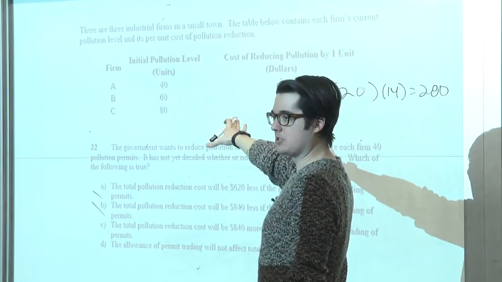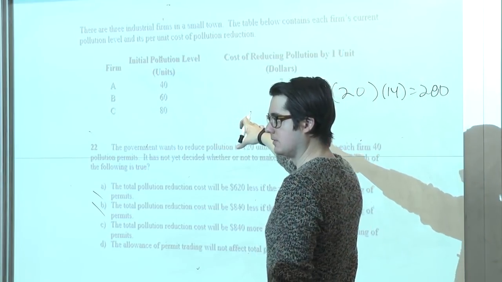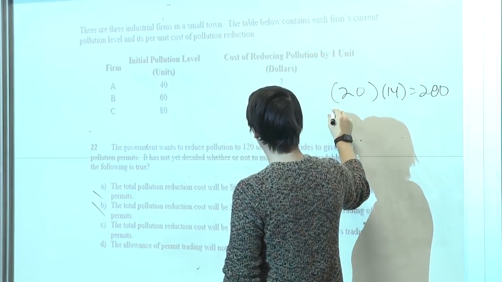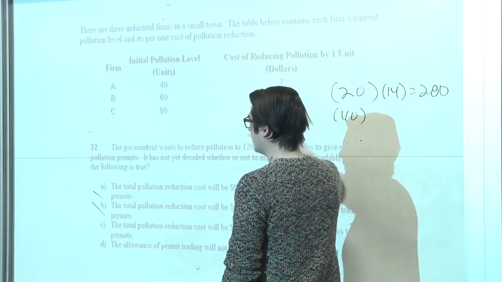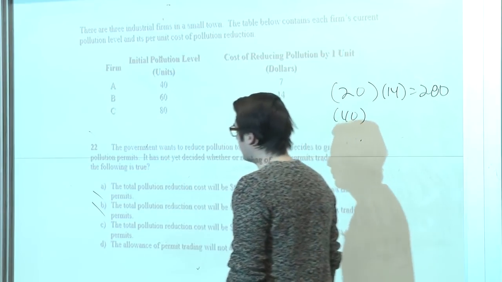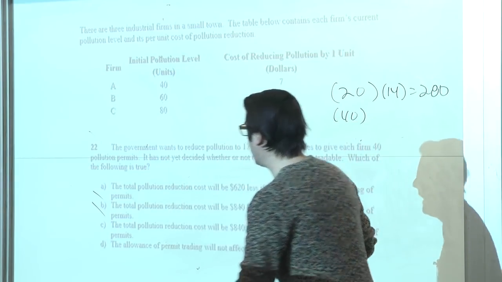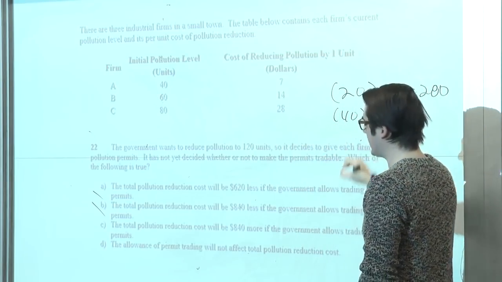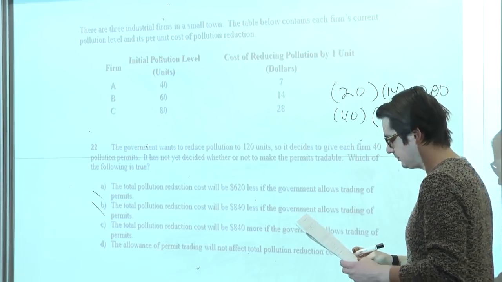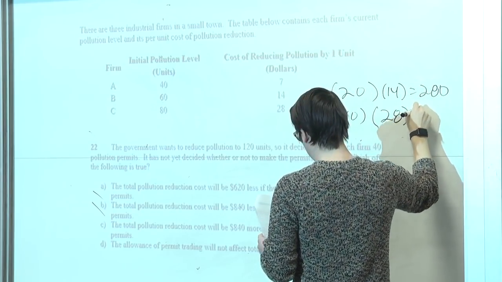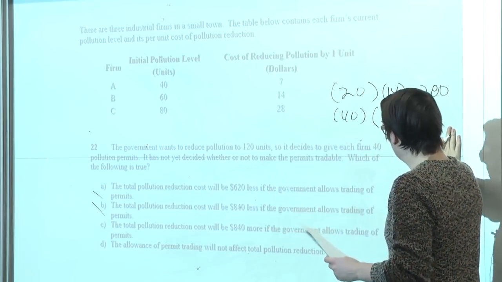What about firm C? How much do they need to reduce their pollution? 40. Yeah, right? Because they have 40 permits, so they can't trade to anyone, and they need to reduce their pollution. Anything above that 40, they need to eliminate. So they need to eliminate 40 units, and at a cost of what? 28. And that equals a number.